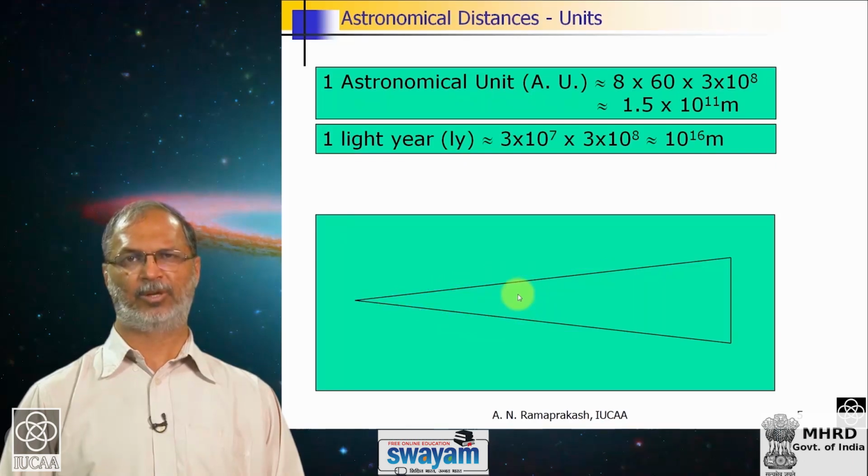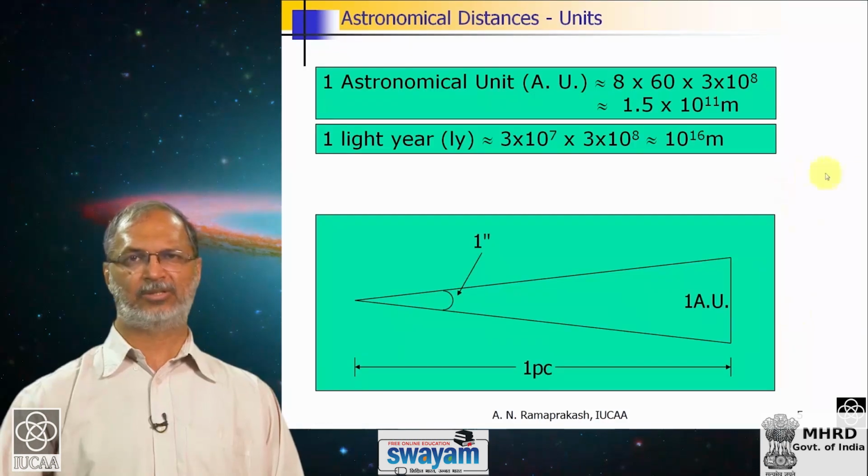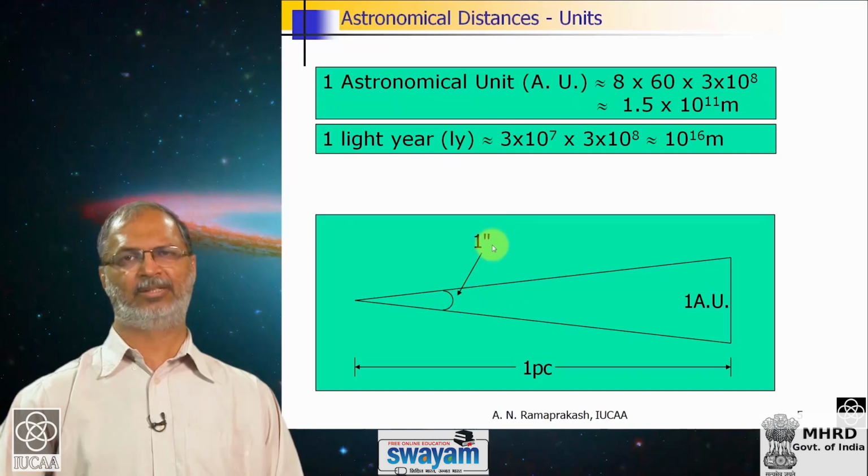Now, if I take a stick which is 1 astronomical unit in size, 1.5 times 10 to the 11 meters, and then draw 2 lines from the 2 edges and make them converge at one point, how far away do I have to go so that this angle is 1 arc second?